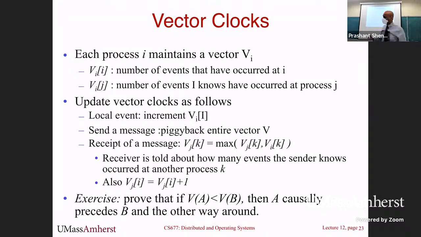That's actually an error, because if you are updating the vector at process j, you update the jth element. That's a typo there. So this should be Vj[j] equal to Vj[j] plus 1. So that's clearly a typo. I will fix that and update the posted notes, but yes, that is certainly a problem.